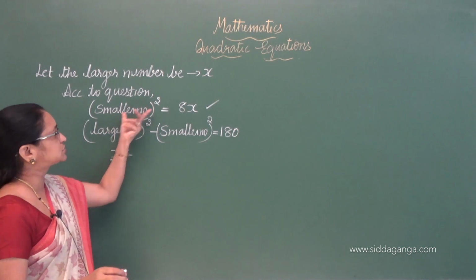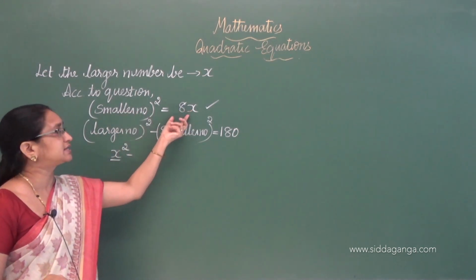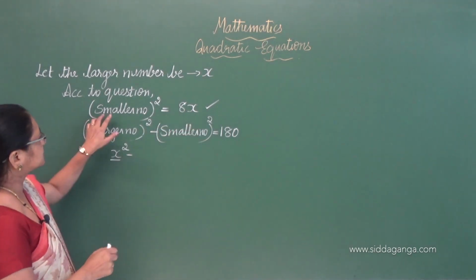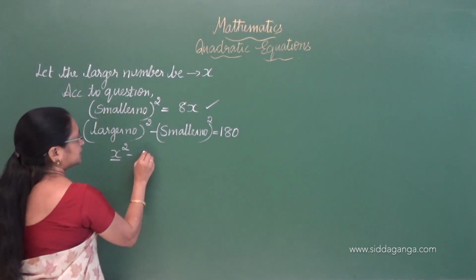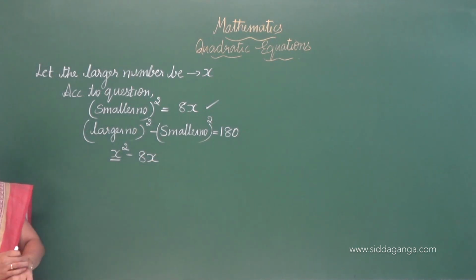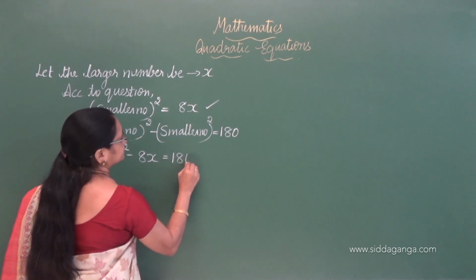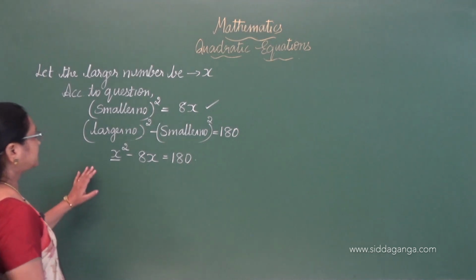Smaller number whole square is equal to 8x. We have taken it as 8 times the larger number. So instead of smaller number whole square, I am writing 8x. Next, is equal to 180.